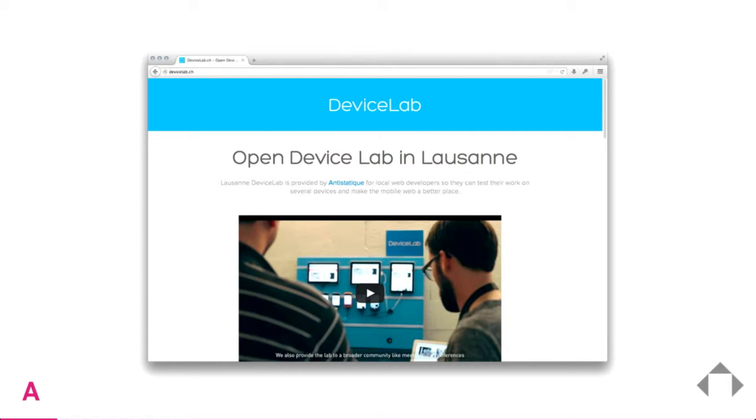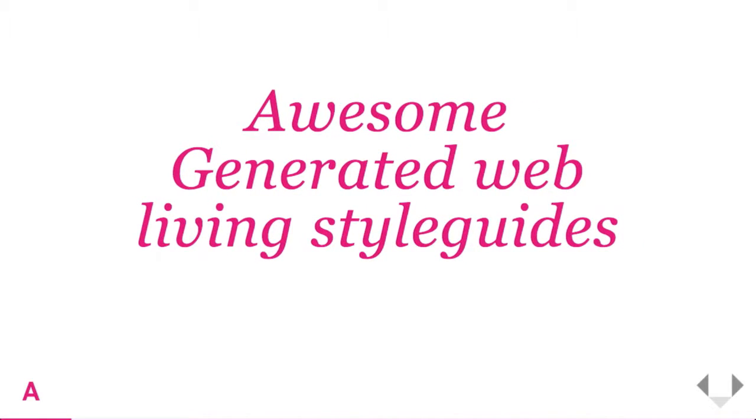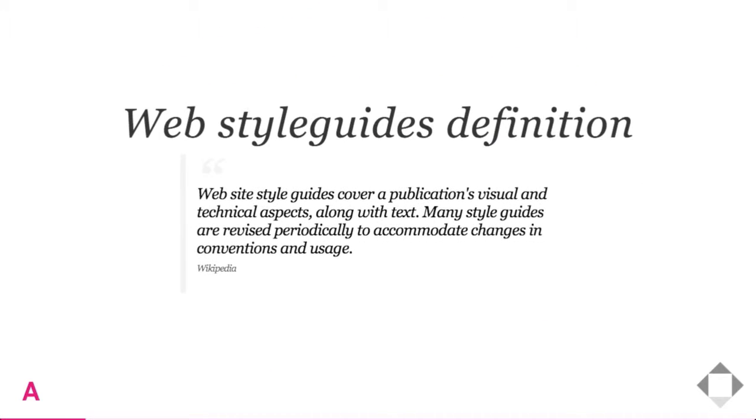Well, enough about me. We are here to talk about style guides and how awesome it would be to have them generated automatically live in the browser, and have them by default. So first, a small definition that I took from Wikipedia. A style guide is just a tool to set standards about a brand identity.